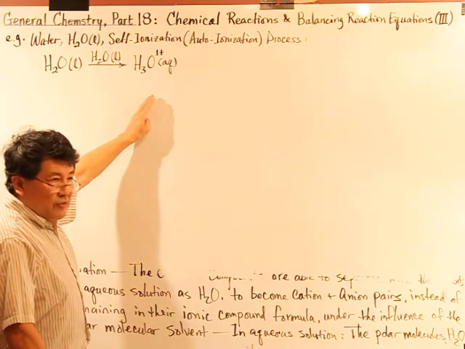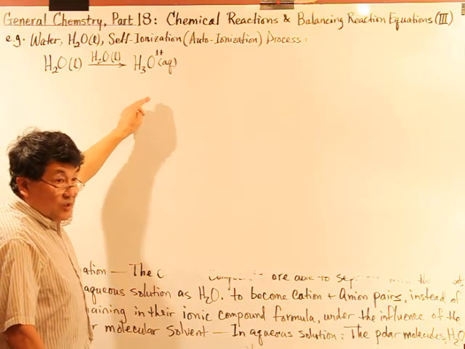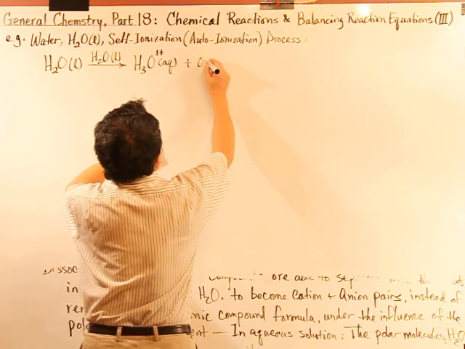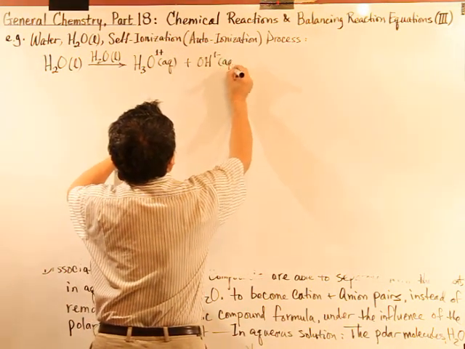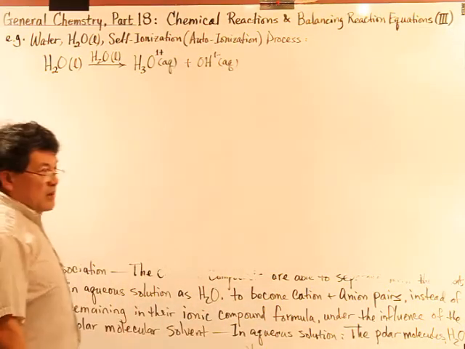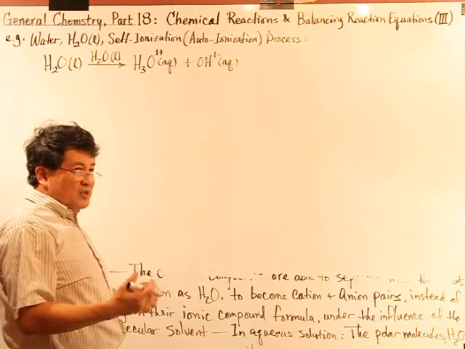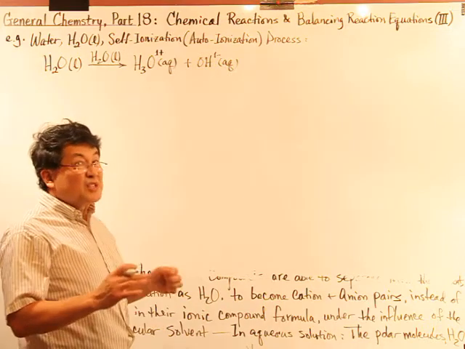There are very few important cations that are polyatomic cations. This is one of them, right? And 1 hydroxide, 1 minus aqueous anion, right? This is about what? The total in the molarity concept, we haven't reached that yet, right? It's about 10 to minus 7.